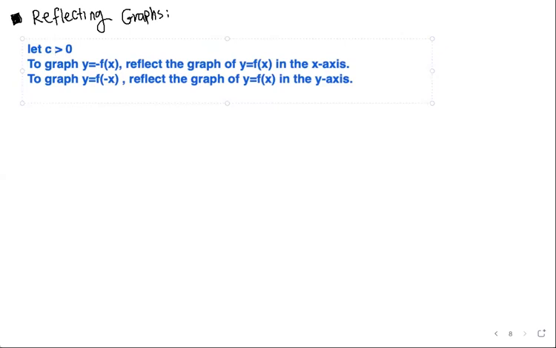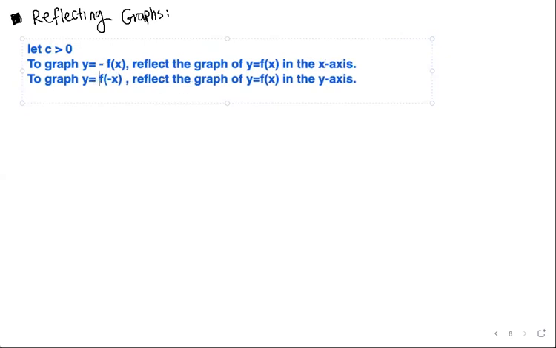To graph the function y equals minus f of x, we reflect the original function around the x-axis. But if the minus is inside the function, we reflect the graph of y equals f of x, the original one, around the y-axis.